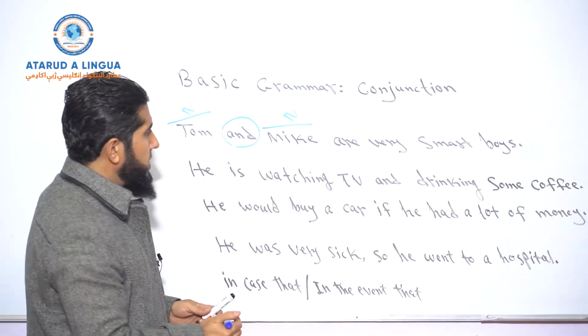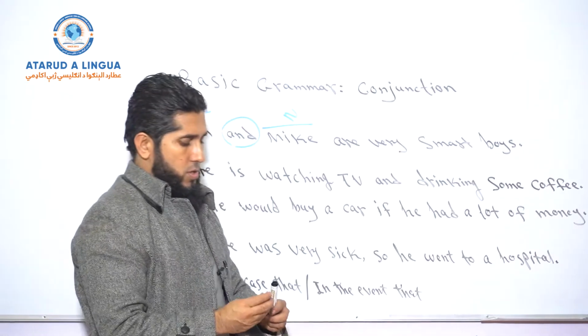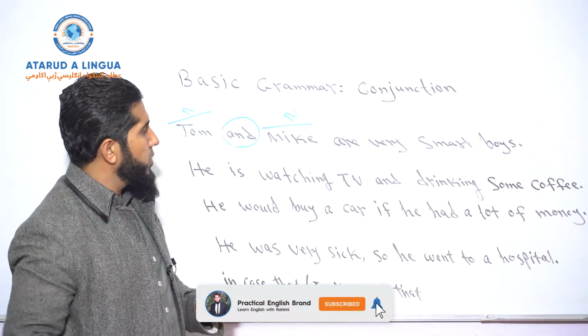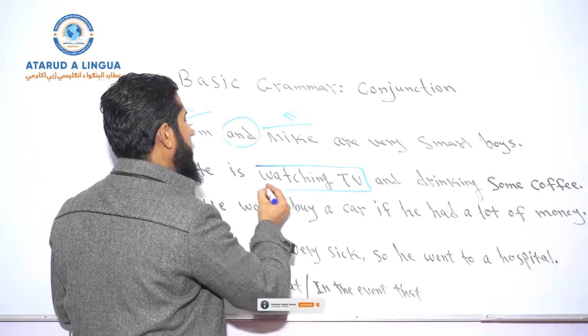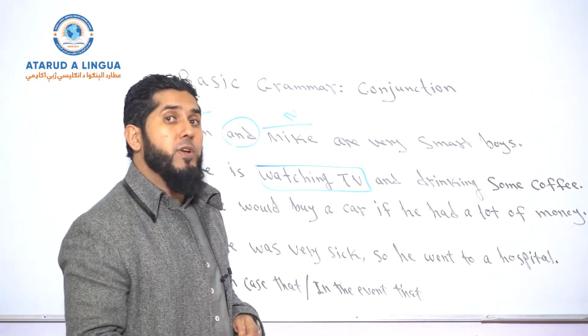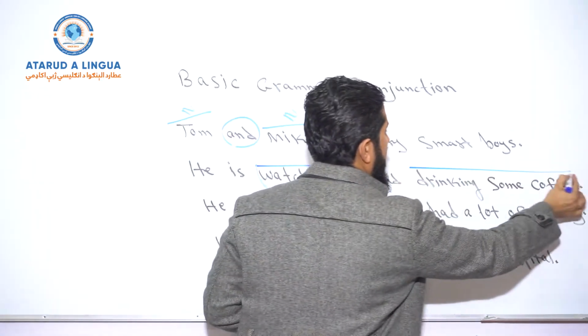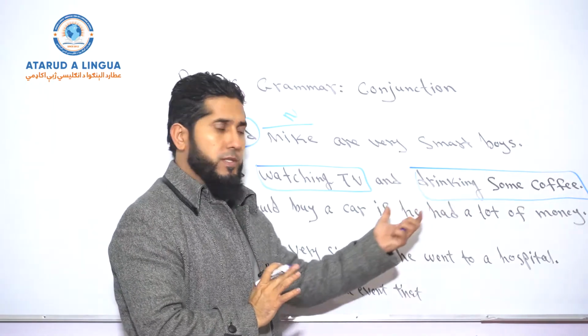He is watching TV and drinking some coffee. Watching TV and drinking some coffee. Here we have a verb phrase, watching TV. It is a phrase. What kind of phrase? A verb phrase. And drinking some coffee, there we have another phrase, a verb phrase.